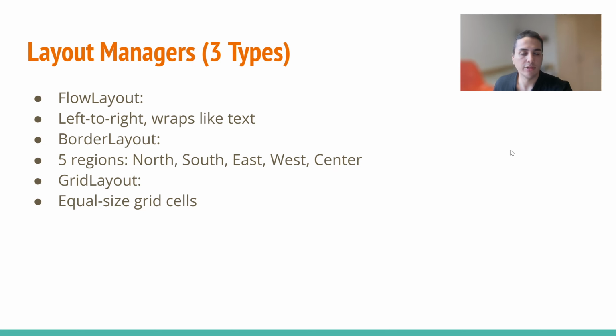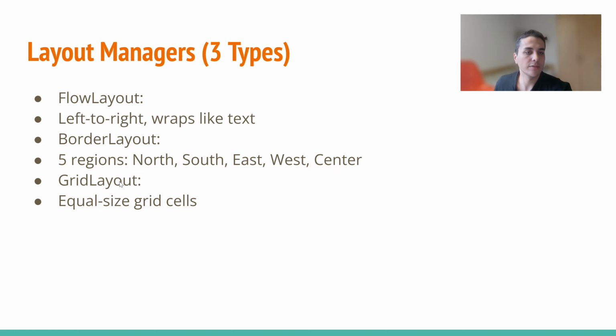East is the right, west is the left side, and center fills whatever space is in the middle. BorderLayout is the default for JFrame's content pane. It's good for creating top and bottom bars, sidebars, and that kind of UI.